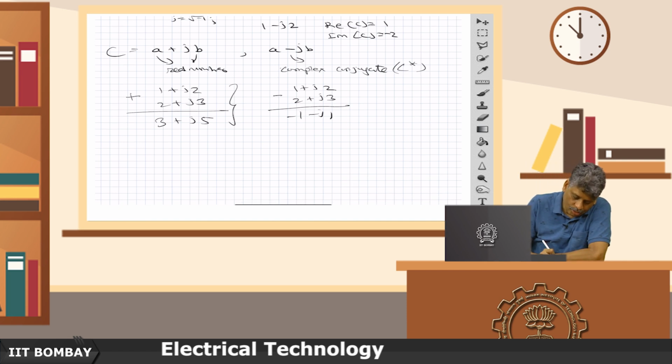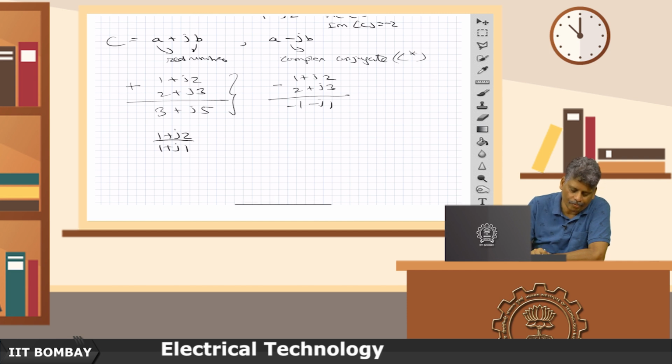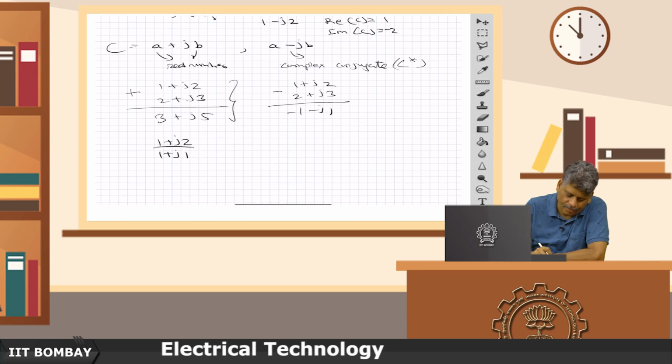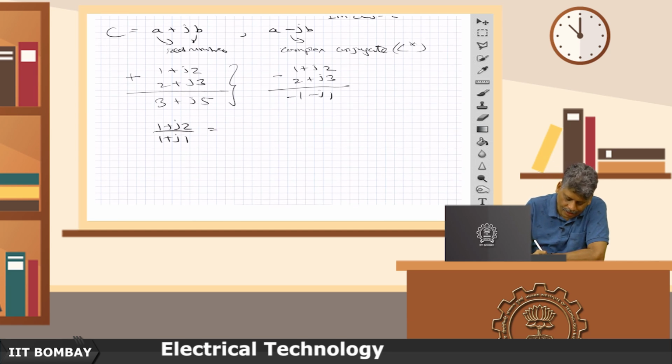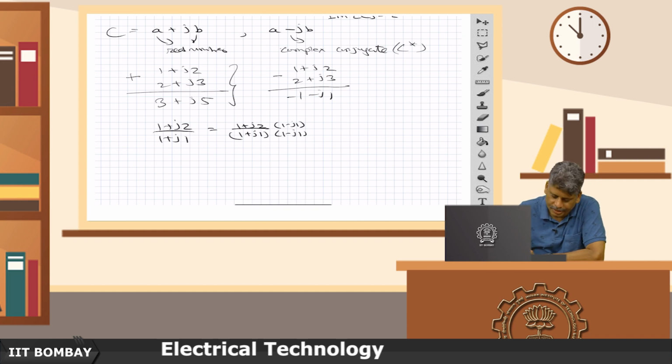If I ask you to, let us say, divide two complex numbers, then what do I do? First I take the complex conjugate of the denominator. So, I multiply it by 1 minus j 1.